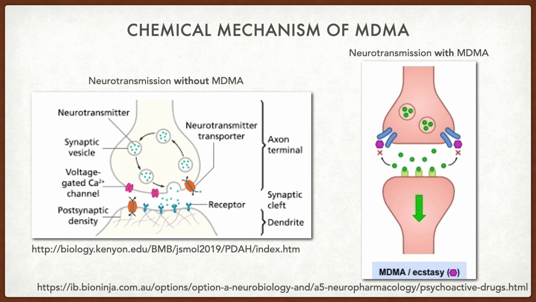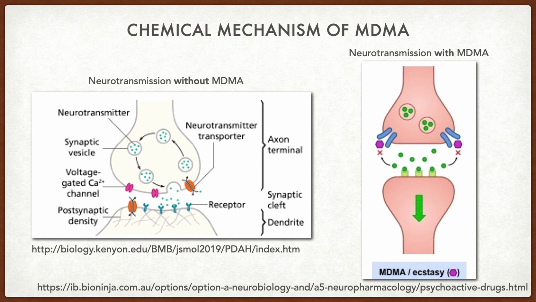Let's look at the chemical mechanism of MDMA. On the right, we see a neuron that has not been affected by MDMA, and I'm going to describe the mechanism of that neuron right now. So when there is an action potential, the vesicles that contain a neurotransmitter such as serotonin are released down the axon terminal and are released at the bottom, with the neurotransmitters entering into the synaptic cleft to be bonded to receptors on neighboring neurons.